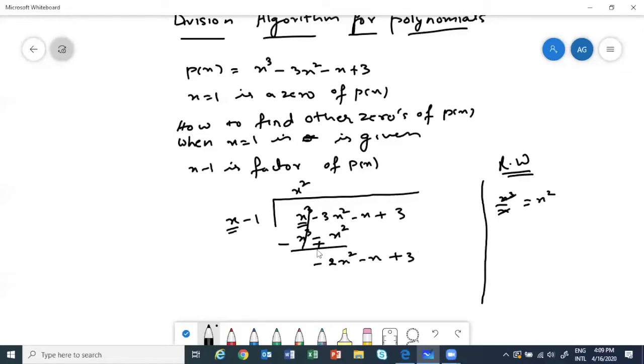Next step, we want to eliminate minus 2x square. So minus 2x square by x, what is here in the quotient? X. So we'll have minus 2x, because we'll take minus 2x here. What happens? We get minus 2x square plus 2x. Then since we are subtracting, the signs will change, this cancels out. We are left with 3x plus 3.